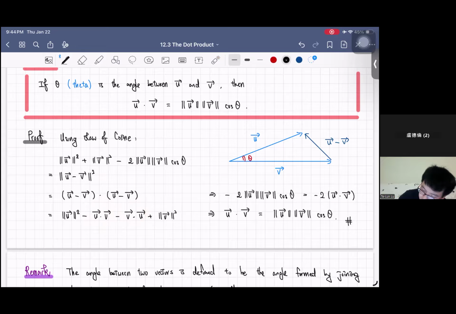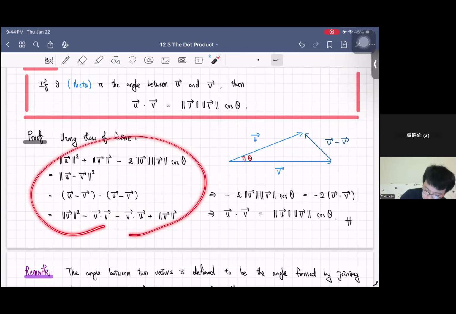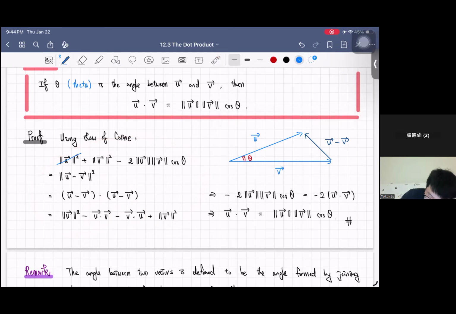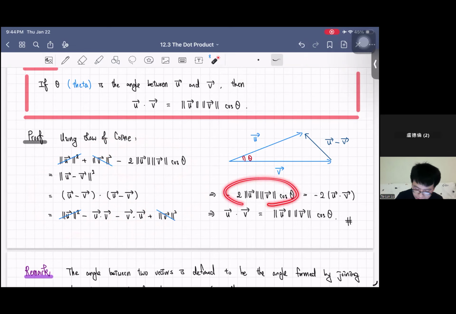So one thing you can see here is that nicely in this equality, we can cancel out U squared and V squared on both sides. On the left-hand side, you're left with minus 2 UV cosine theta. To be precise, minus 2 magnitude of U, magnitude of V cosine theta. So that's this. And on the right-hand side, these two terms are the same, right?